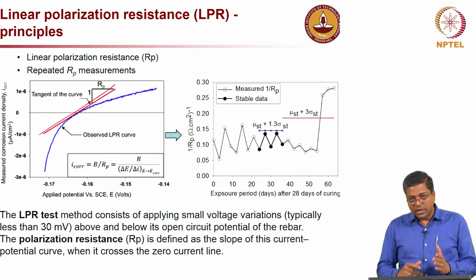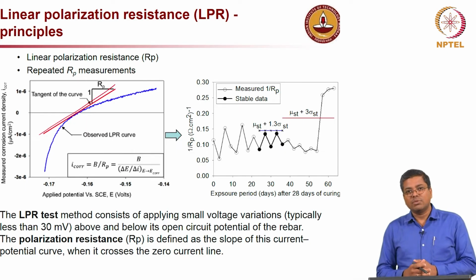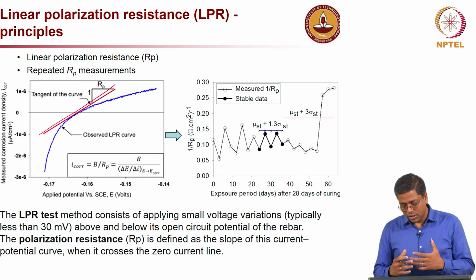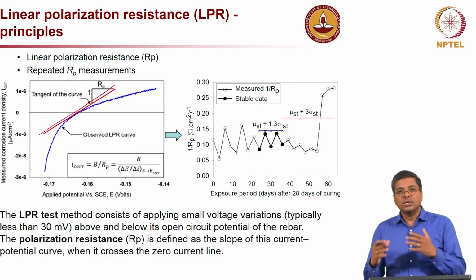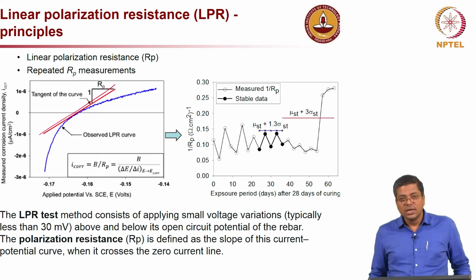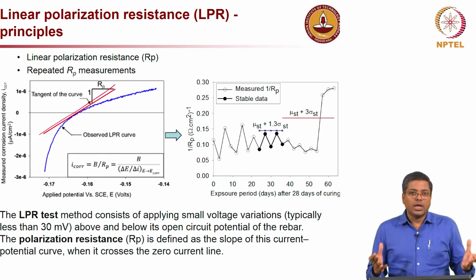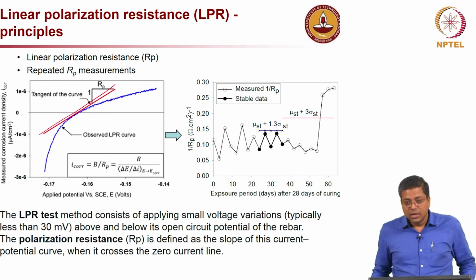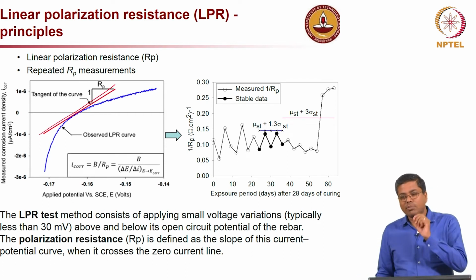So, we take multiple corrosion rate measurements and then try to determine the time at which there is an increase in corrosion rate, and at that time we open, autopsy the specimen and determine the amount of chloride at that particular moment.